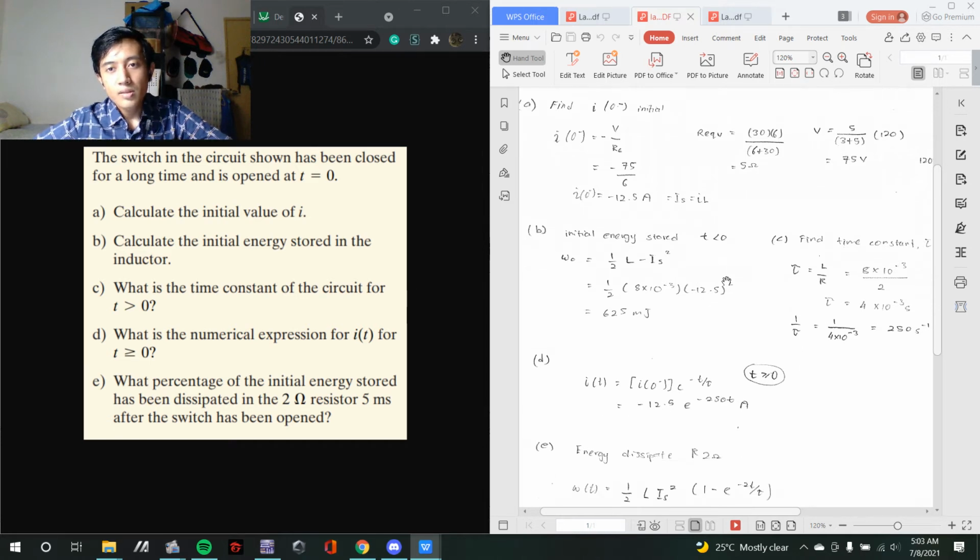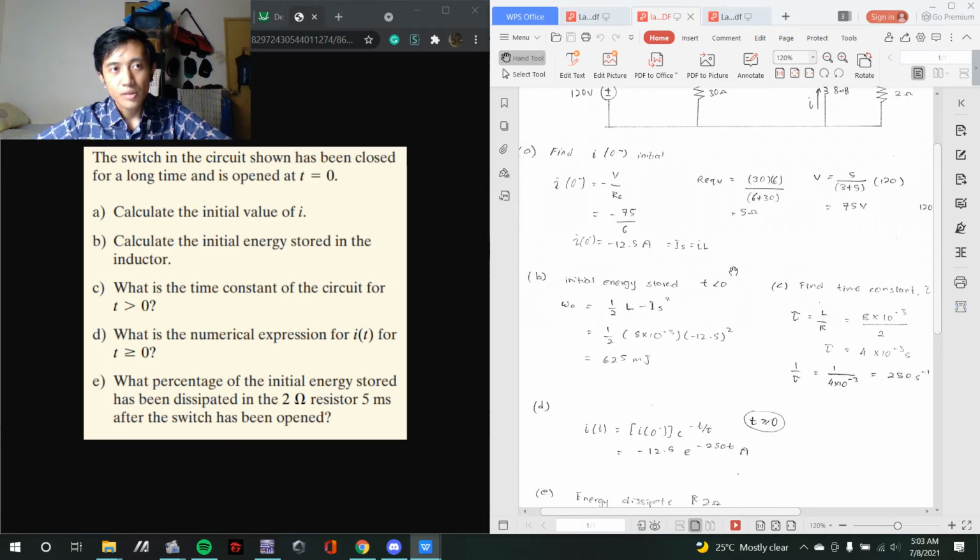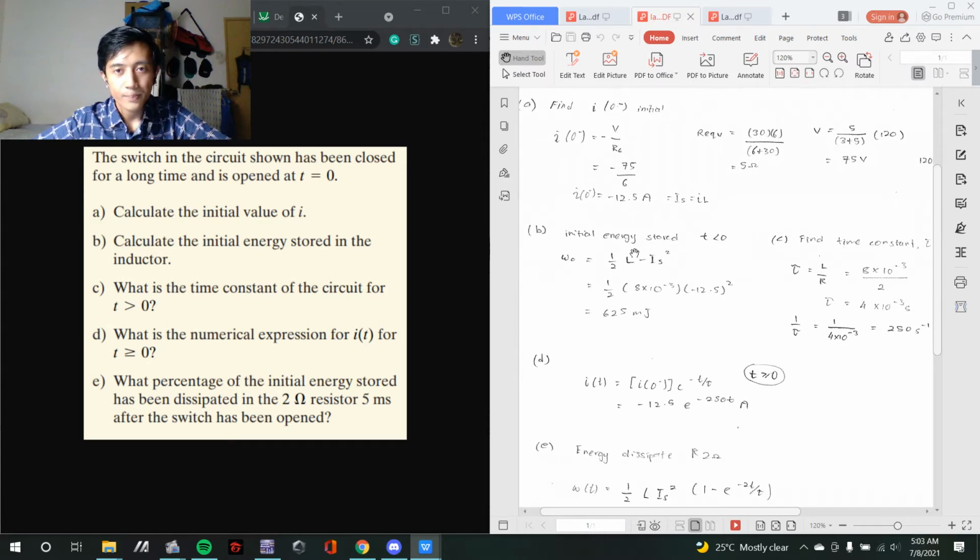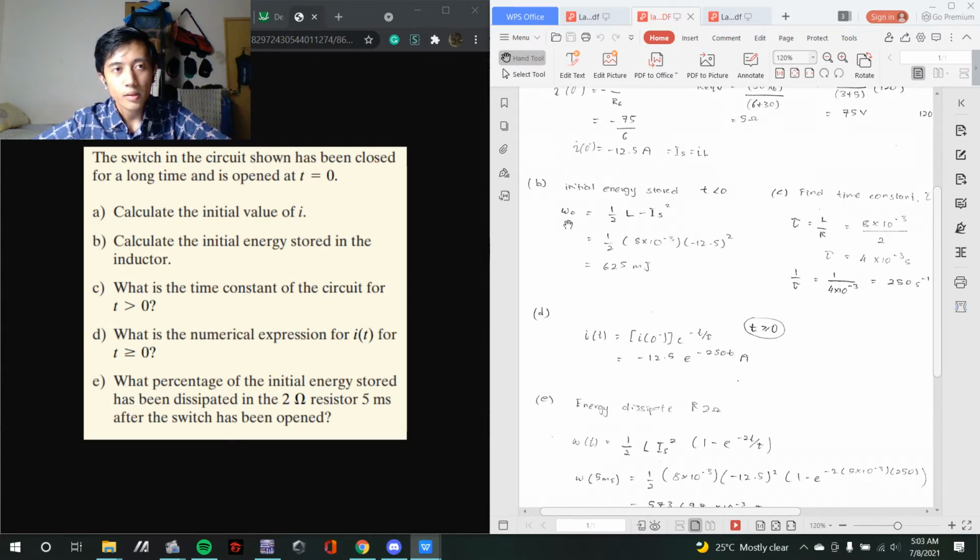The initial energy stored before the switch is opened uses the initial current. The formula is initial work equals 1 over 2 inductance times the initial current to the power of 2. So we get that the initial energy stored during the steady state in the inductor is 625 millijoule.